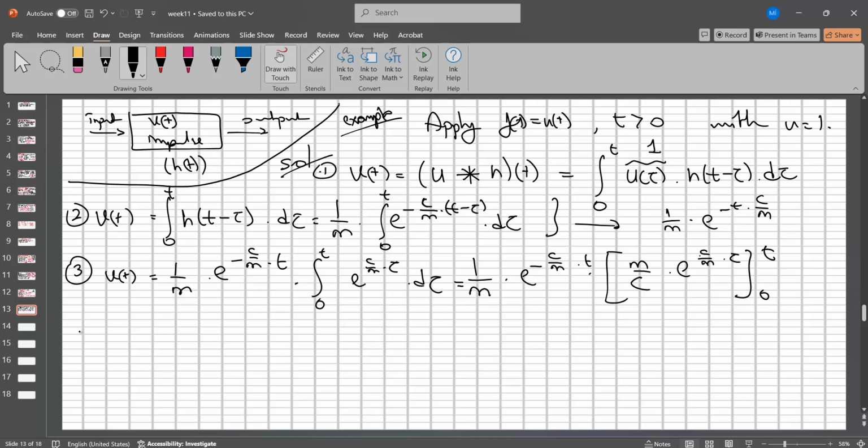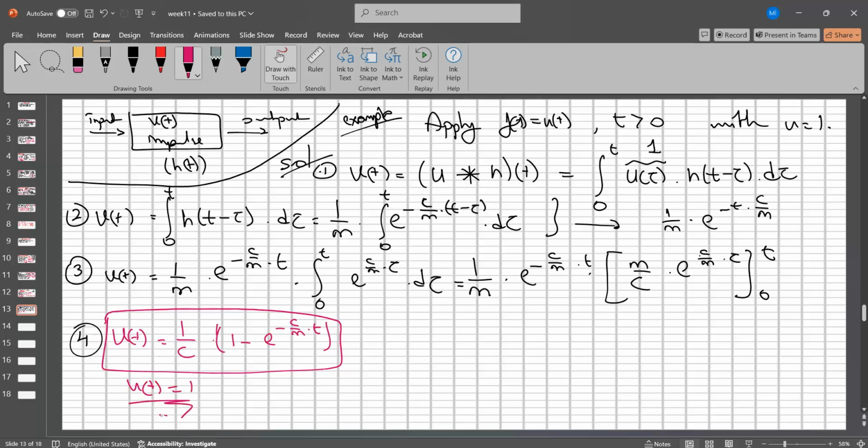After that we will reach our last equation: v(t) equals 1 divided by c times (1 minus exponential minus c over m t). This is our time response for a given u(t) equal to 1. This is identical with the Laplace transformation solution.